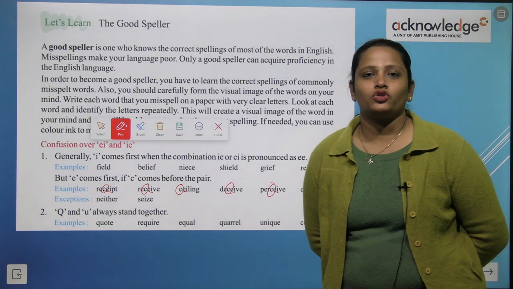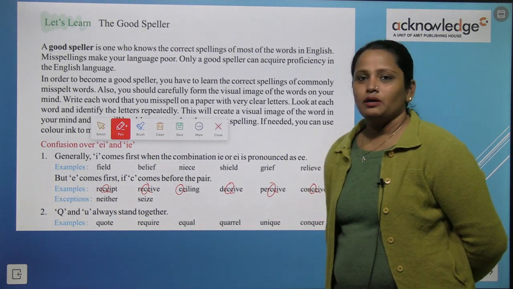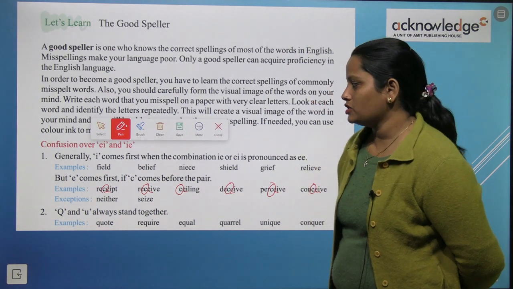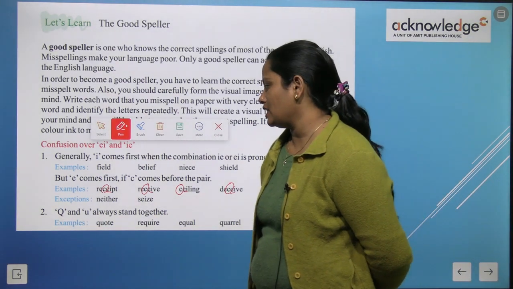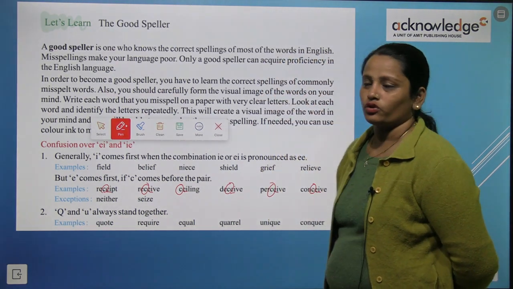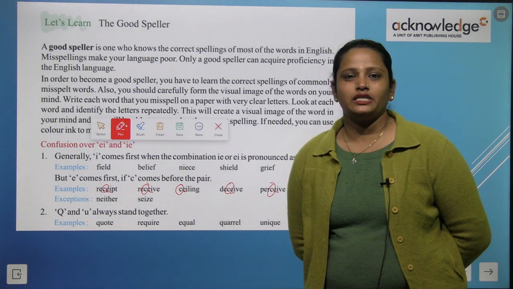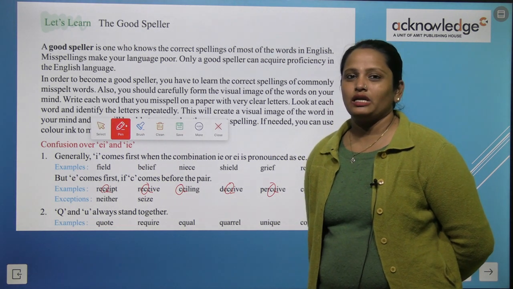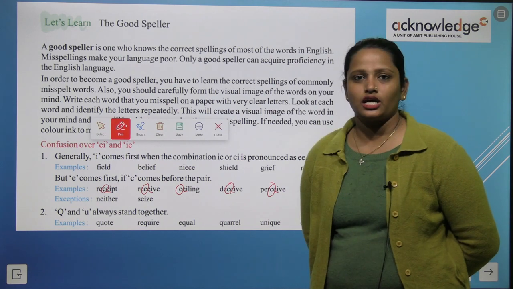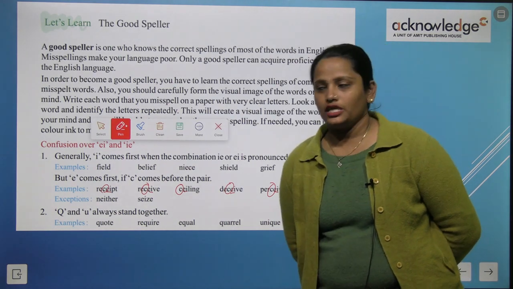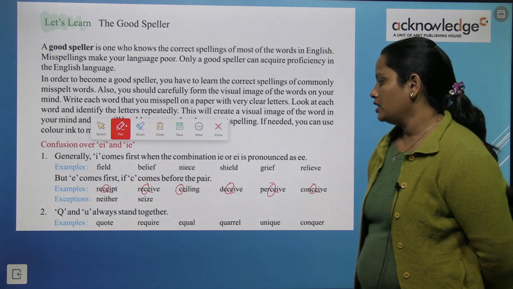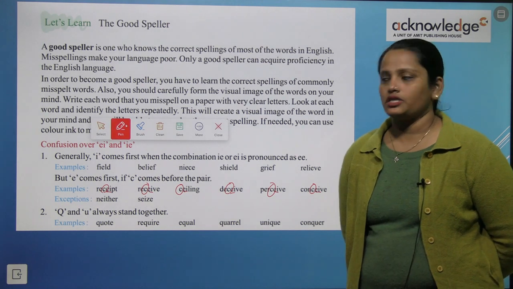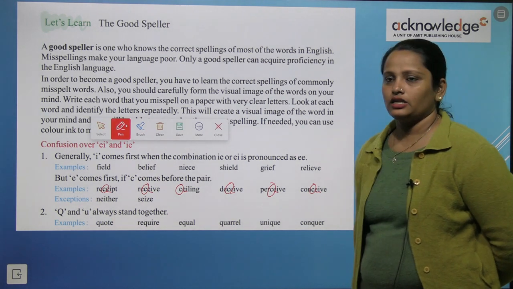So this we have to keep in mind. कि E comes if C is written before the pair. So जब भी C लिखा है तो इसका मतलब हमें E पहले लिखना है. The words are receipt, receive, ceiling, deceive, perceive, and conceive.